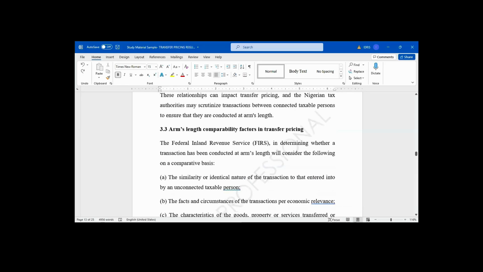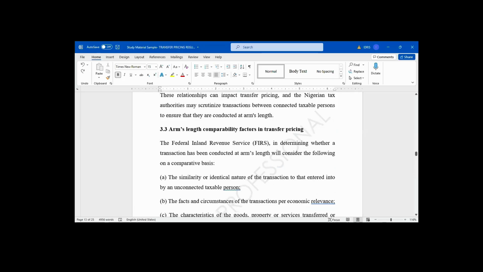Ladies and gentlemen, this area too is one of the important areas. Let's take note of it. Arm's length comparability factors in transfer pricing. At least we should know 6 arm's length comparability factors in transfer pricing. The similarity or identical nature of the transaction entered into by uncontrolled taxable persons. The facts and circumstances of the transaction per economic relevance.